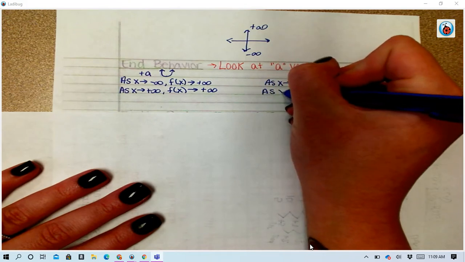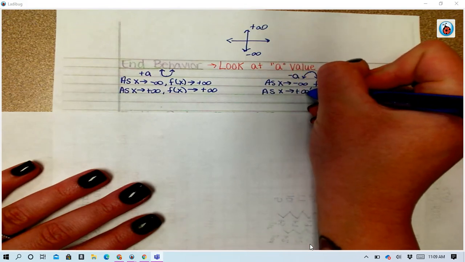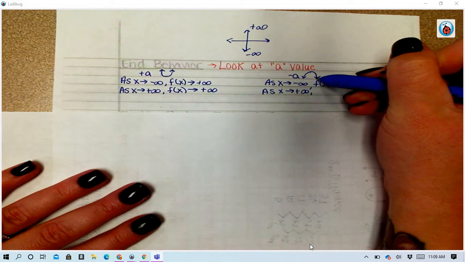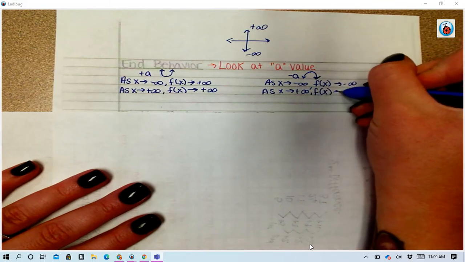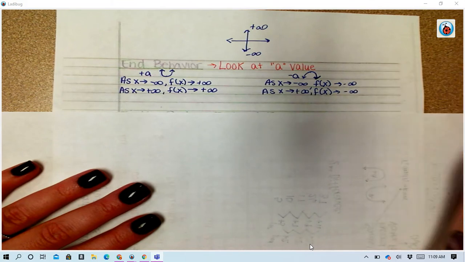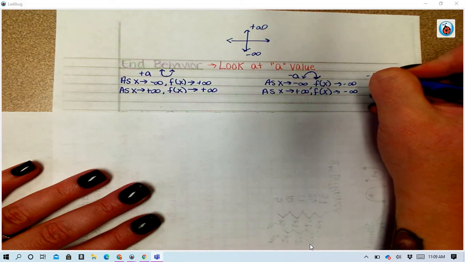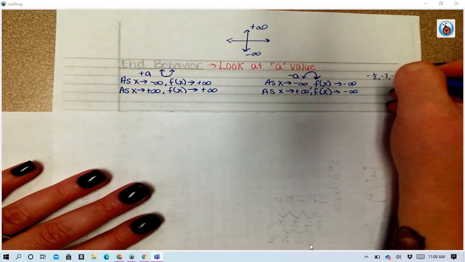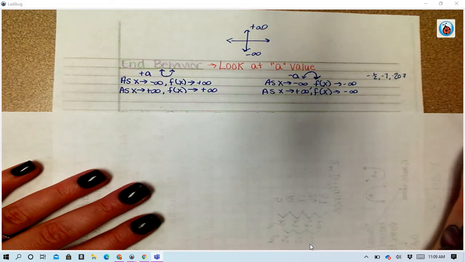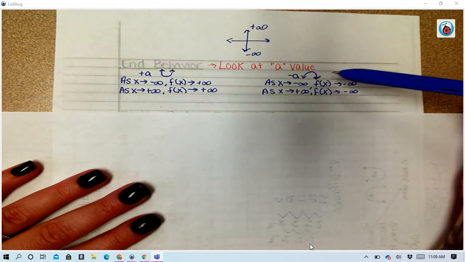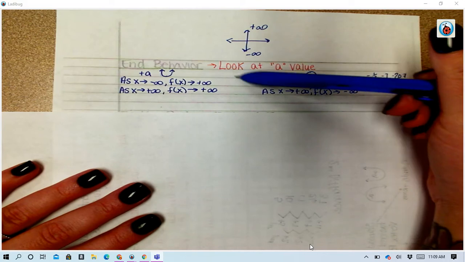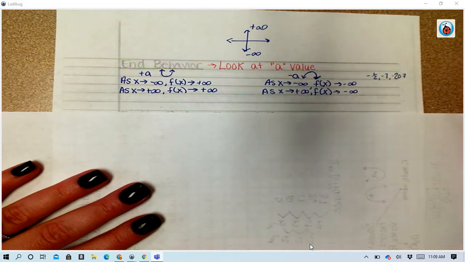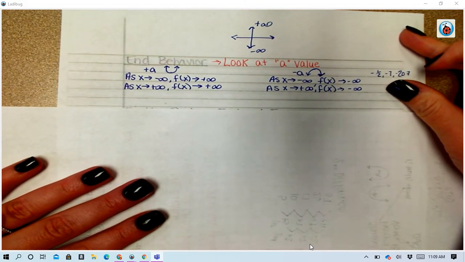And as x goes to positive infinity, so on the right-hand side, your arrows again point down, so f of x also goes to negative infinity. Again, it wouldn't matter if that a value was a negative 1/2, a negative 7, a negative 207. If that first number is negative, it will be shaped down. And we're going to need to know this when it comes to graphing with our end behavior.